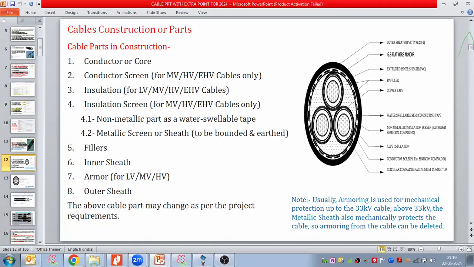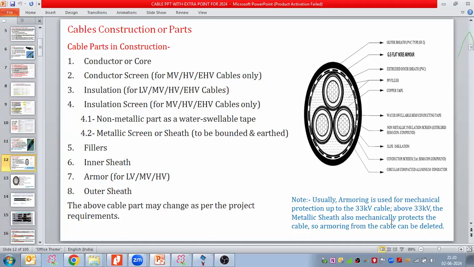So we have discussed that armoring is usually used for mechanical protection up to 33 kV cable. Up to 33 kV, all LT cable, all HT cable, we take armor. Above 33 kV, the metallic sheath also mechanically protects the cable, so armoring can be avoided.